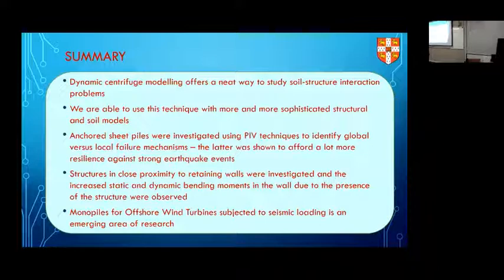We try to make the boxes as big as we can to include as much material as we can, but there will be boundaries. One of the things we do is to minimize the boundary effects. We have some special containers, which you will see, where, when you apply shaking, the boundaries of the box are not rigid.